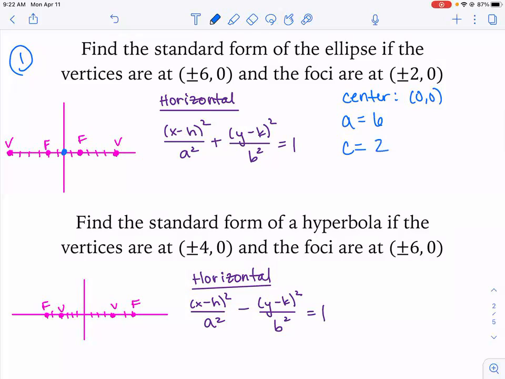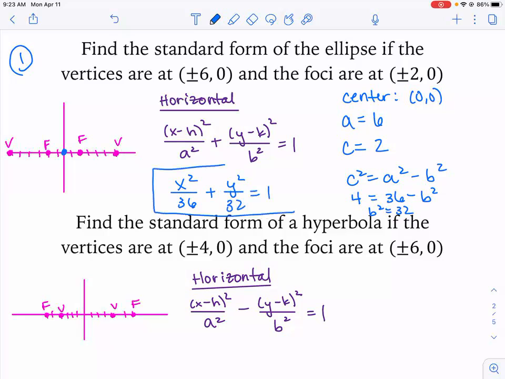That gives us C. And if C squared is A squared minus B squared, then B squared is what? 32. And we stop. You don't actually need to take the square root because we can write x squared over 36 plus y squared over 32 equals 1. And that's what we need. It actually saves you a step of reducing a radical.